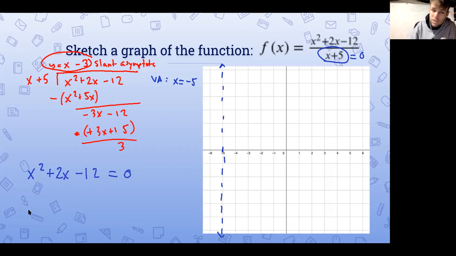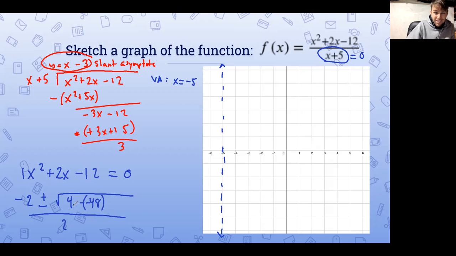No. So quadratic formula? -2 plus or minus the square root of b squared minus 4 times 1 times -12. 4 times 1 times -12 is -48. Yep, okay. Over 2 times 1 is 2.